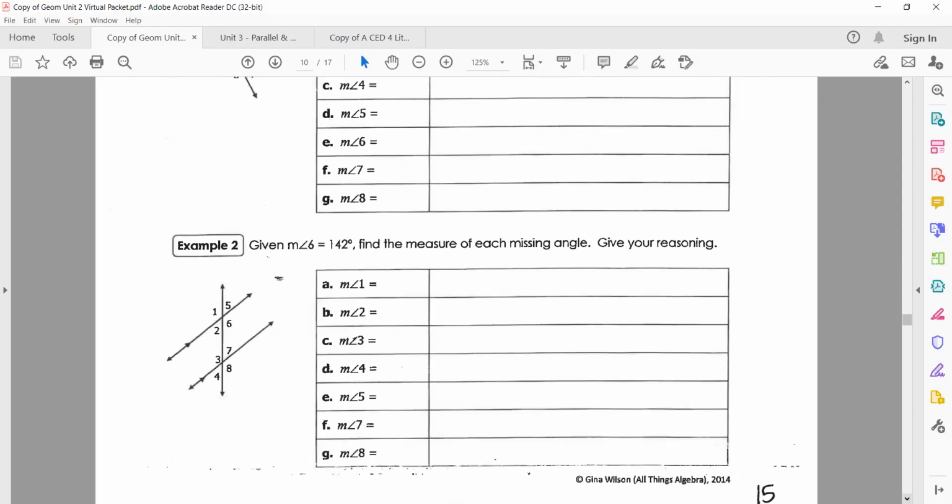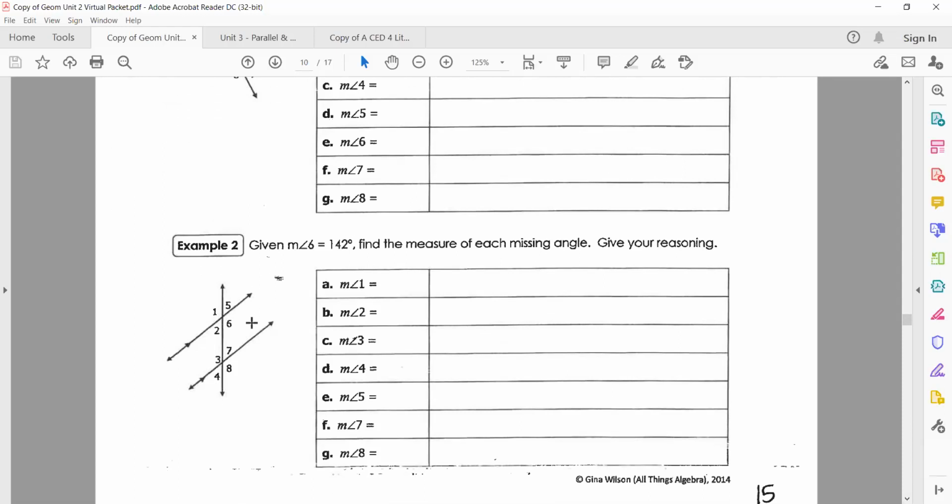Example 2, just another of the same kind of thing. I know these are parallel again because of these little arrowheads in the middle of the line. Angle 6 is 142. Usually what I try to do is the easy ones first. Don't worry about the relationships.